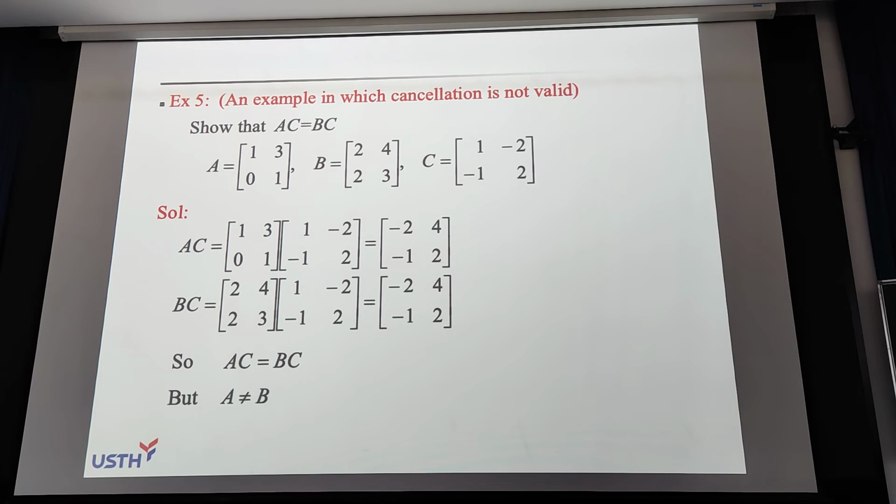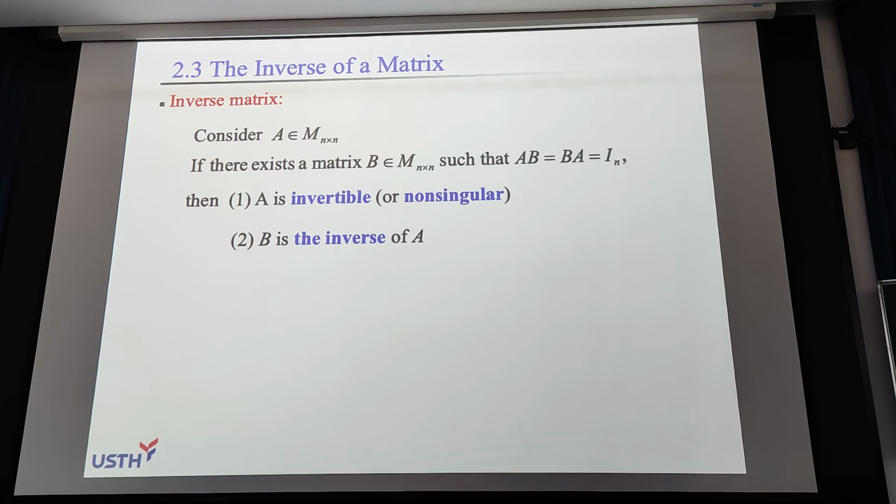Okay, here. Then, now is the notion of invertible. And that is the last operation on matrices. Suppose that we are given a square matrix A of order n.